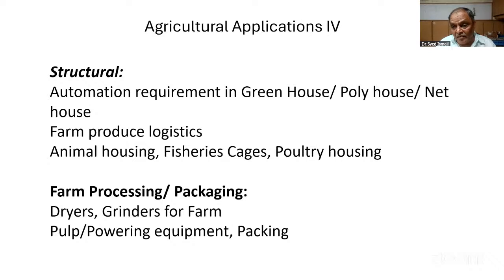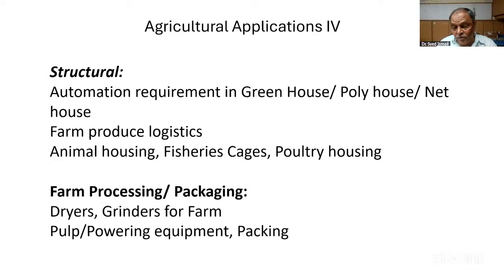Logistics is another area which agriculture people have to bother about. Transportation of fruits and vegetables is not like any other material. Each material requires its own electronic sensing. Housing, very little work has been done. For example, we always say smallholder farms, but animal housing, fisheries cages, for example crab cages I have seen, and poultry housing all require sensors and structures.